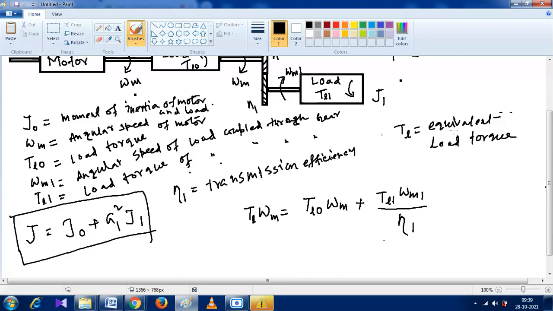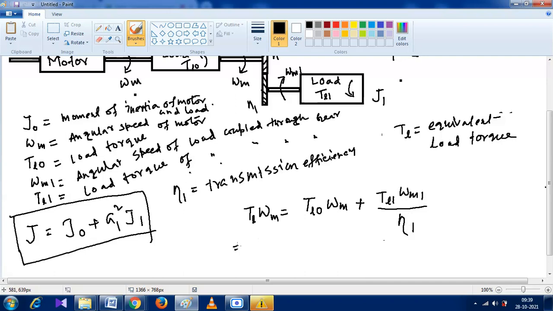TL is the equivalent load torque. So we can write the total power of that system: TL omega m is equal to TL0 into omega m plus TL1 omega m1 by eta 1.